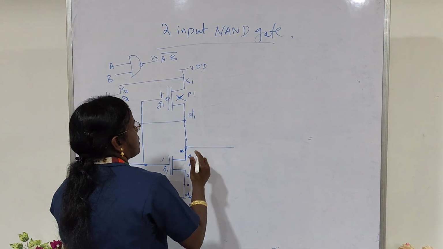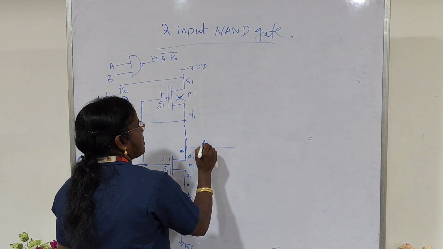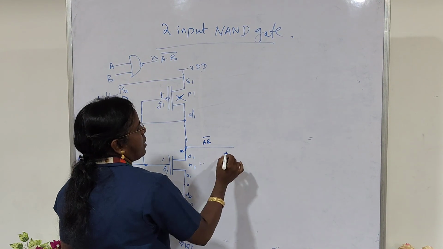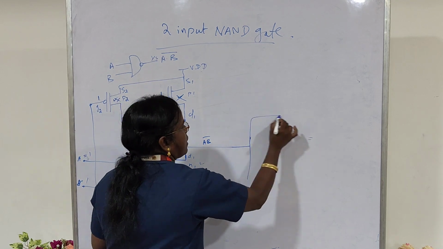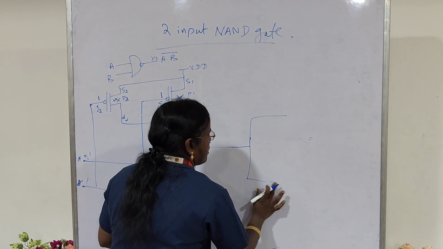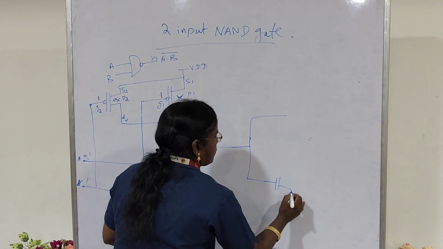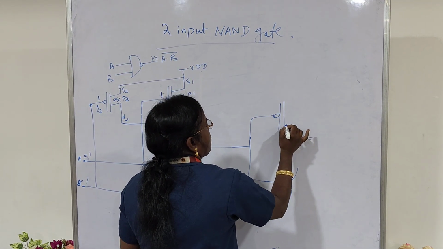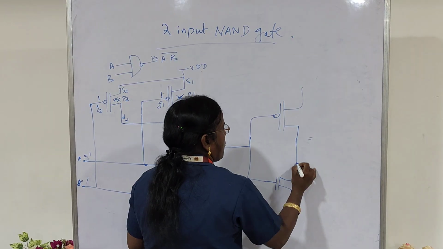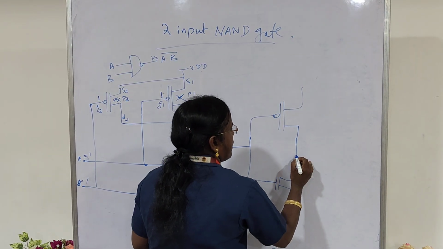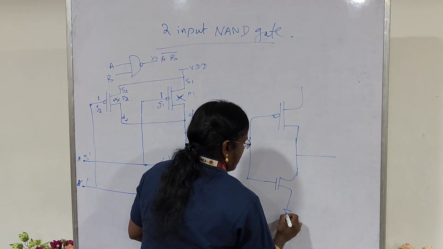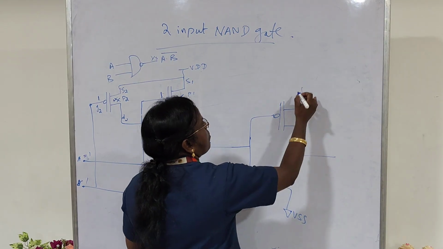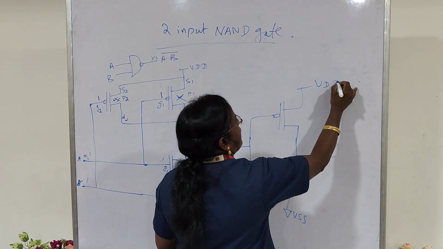This is the output which is generated at the NAND gate as AB, the whole bar. So if I connect this CMOS inverter, using one NMOS and one PMOS transistor, this is the CMOS inverter, where this is the ground and this is VDD.